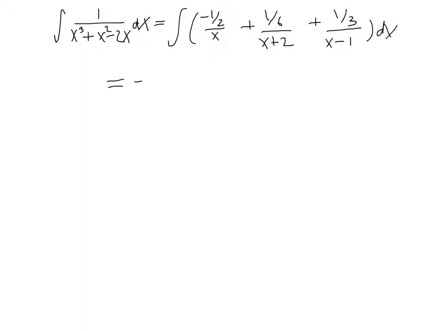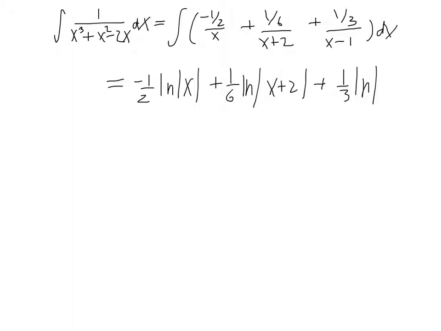That will give us negative 1/2 ln|x| plus 1/6 ln|x plus 2| plus 1/3 ln|x minus 1| plus C.